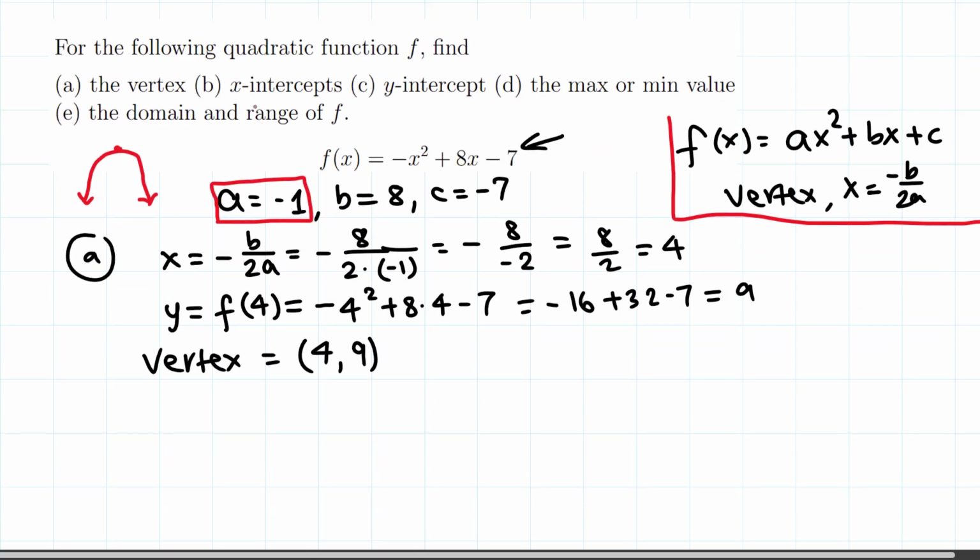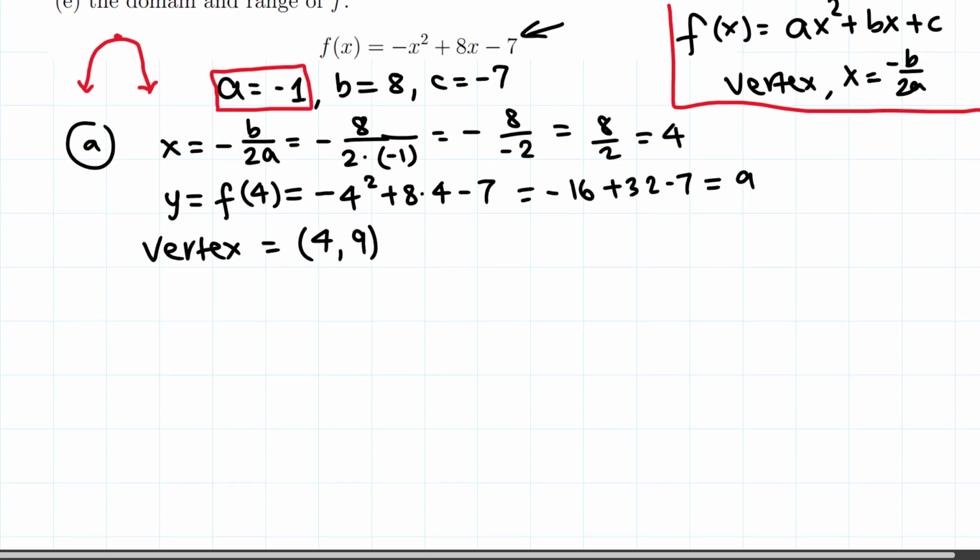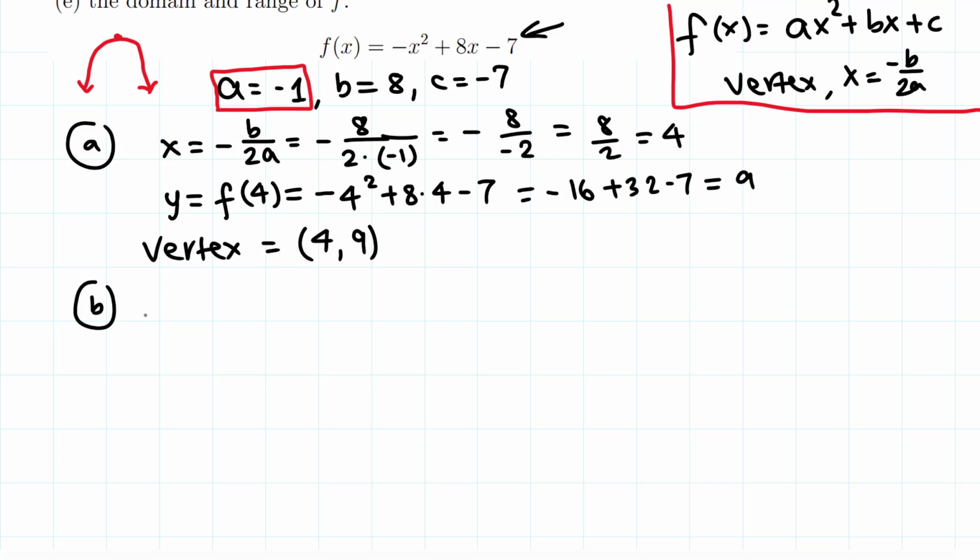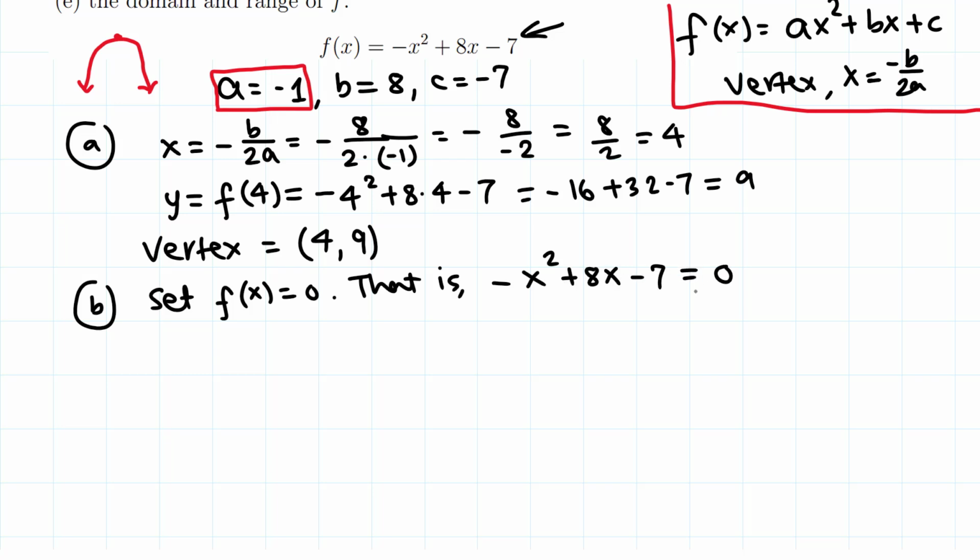So part B, the x-intercepts. For x-intercepts, we set the corresponding y to 0. In this case, that means the function f(x) equals 0, which is negative x squared plus 8x minus 7 equals 0. Now we need to solve for x. With the negative in front, when solving this quadratic equation, multiply through by negative 1.